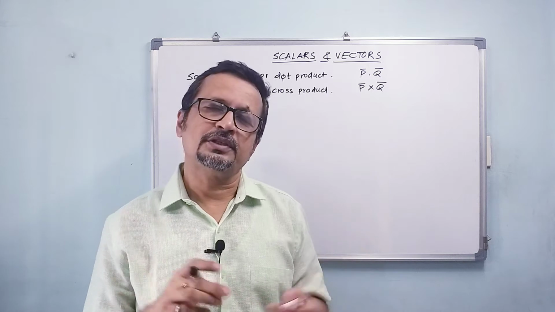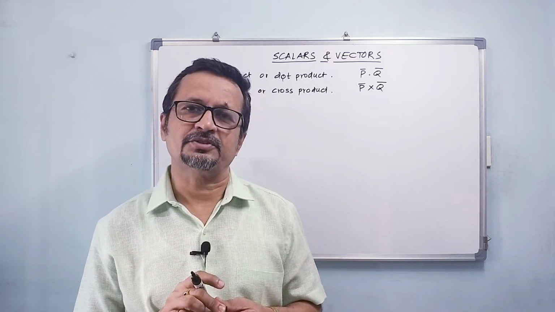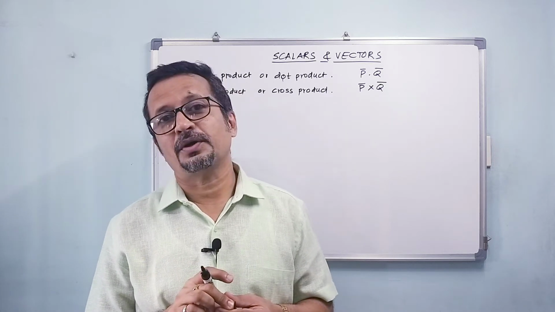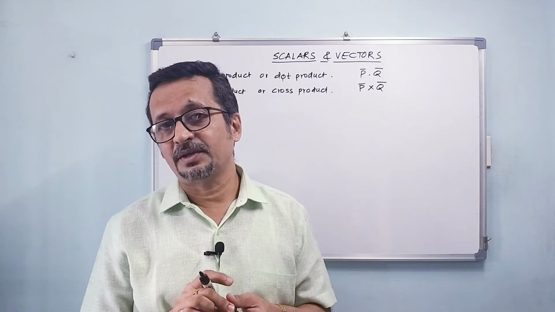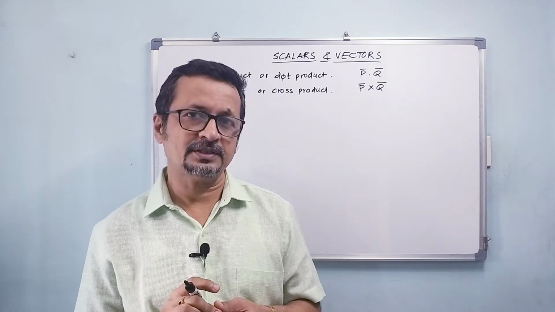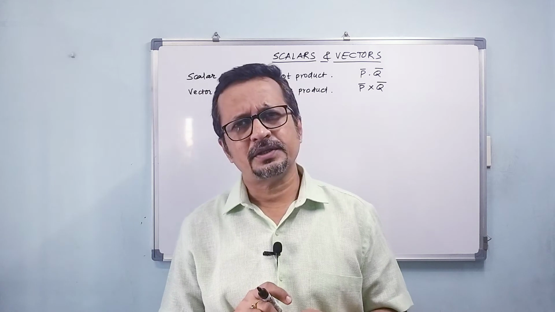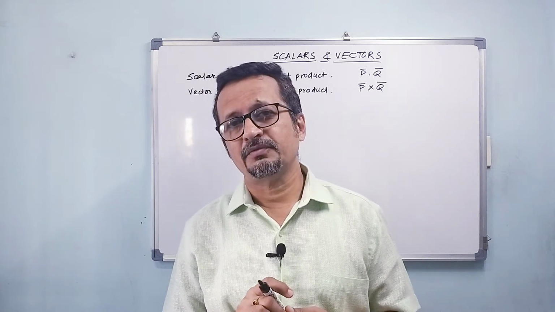Work done does not have any direction, it has only magnitude. So though the component vectors, force and displacement, are both vectors, their product, which is work, is a scalar quantity. Another example can be power. It is the scalar product of force and velocity.